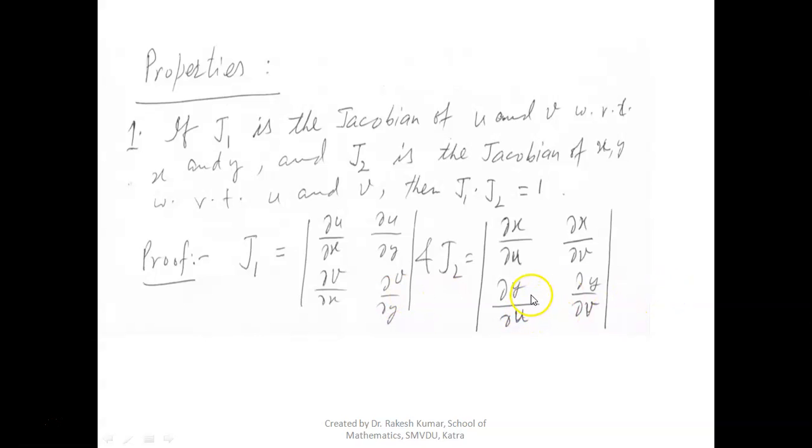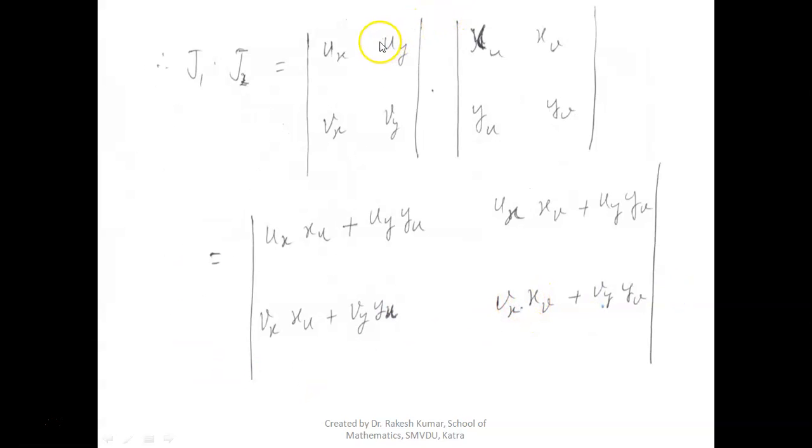Now we have to multiply them. We write these symbolically: ux means del u by del x, uy means del u by del y, which are partial derivatives. Similarly, in the second determinant, we interpret the elements as del x by del u and del x by del v.